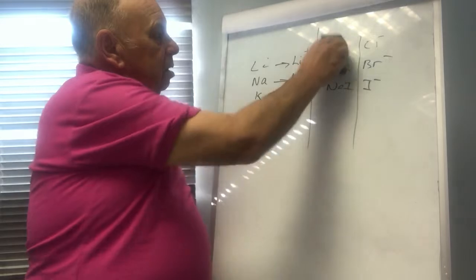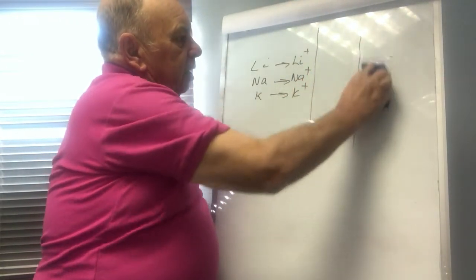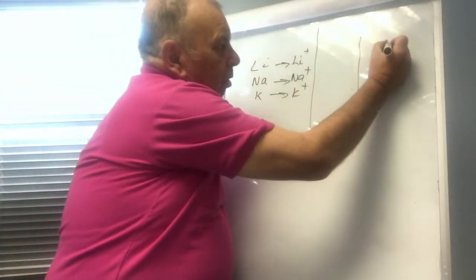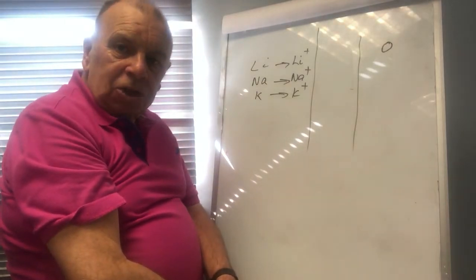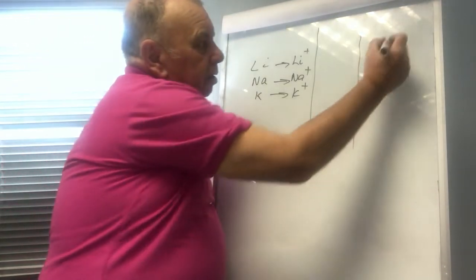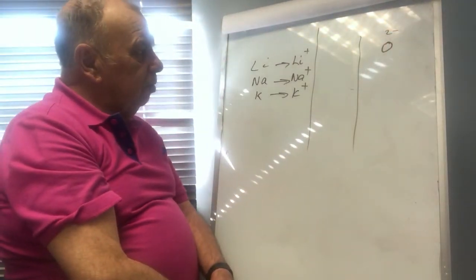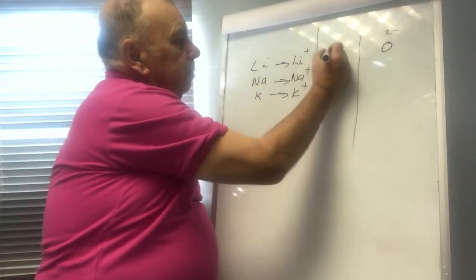Let's look at another example now. Let's take oxygen. Oxygen, the ion is the oxide ion, and it's 2-. So what is the formula of lithium oxide?